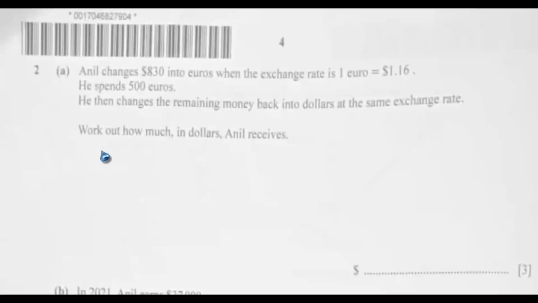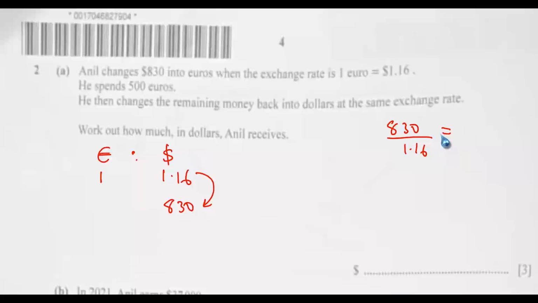So firstly, let's write euro ratio dollar. Then we know that 1 euro is equivalent to $1.16. Then we want to get the equivalent of $830. So we'll say what was multiplied by 1.16 to get 830. To do this, you can say 830 divided by 1.16, and if you press your calculator, this will give you 715.52.